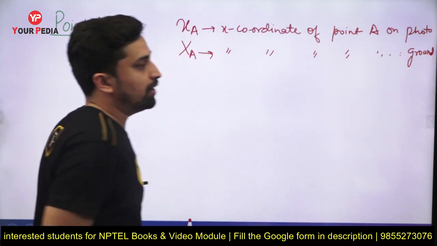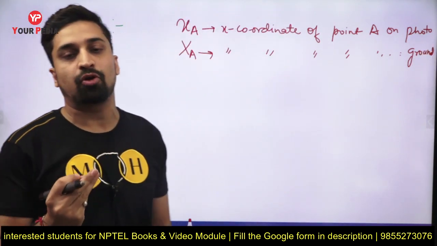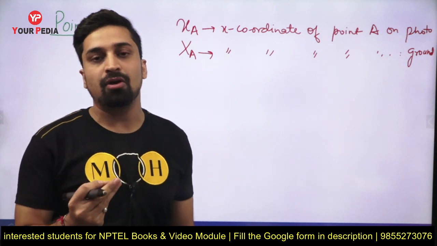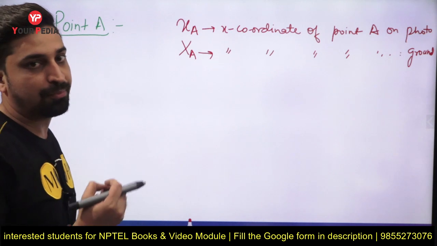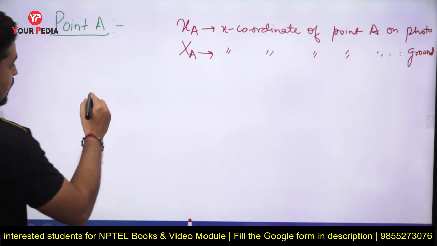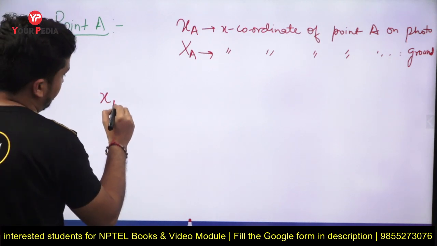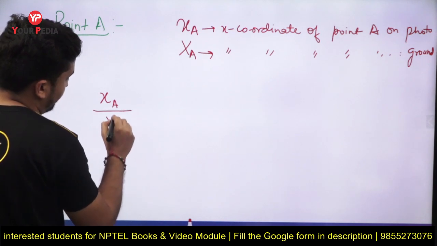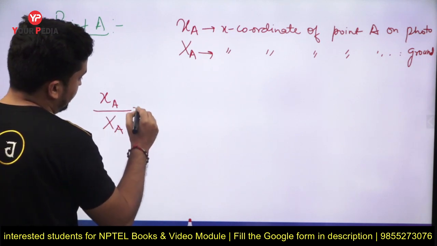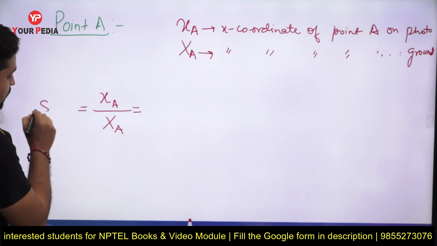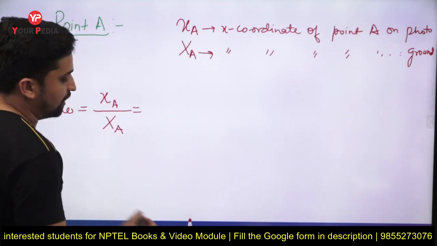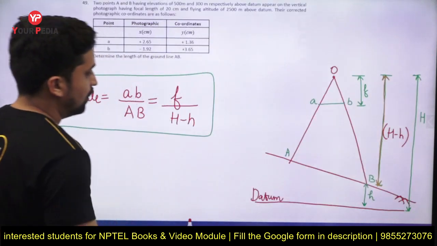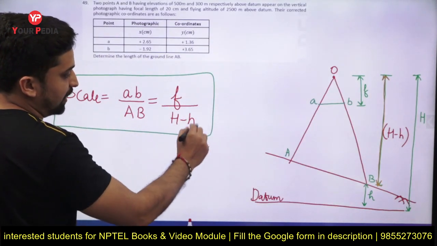Basically, what we need to do is find the x and y coordinates of points A and B on the ground itself. So let us find capital XA for point A. We know that small xA upon capital XA is equal to the scale, which is equal to focal length upon H minus h.